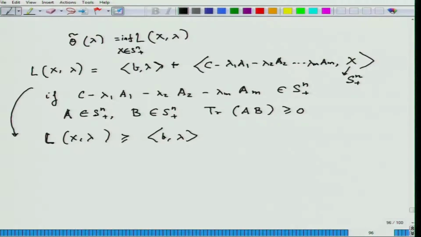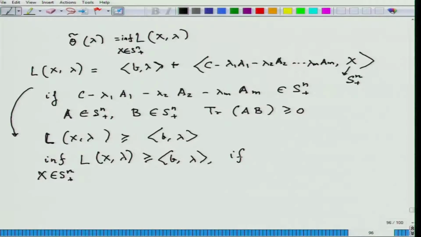So, in fact, this is what is true. I have inf over x element of Sn plus, if this is true, which is exactly what we were dealing with.